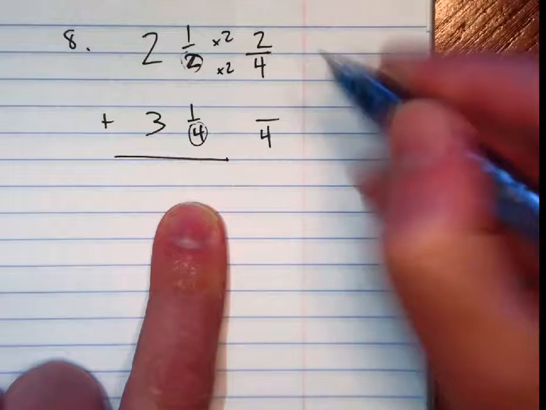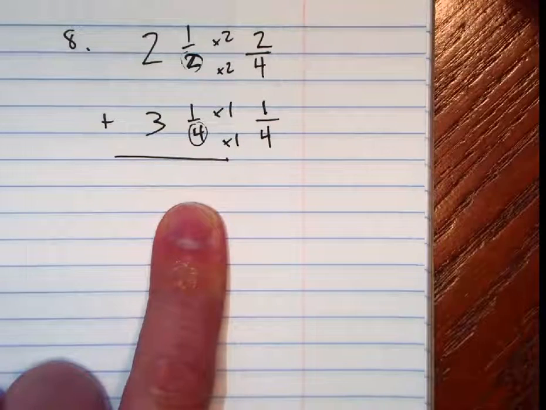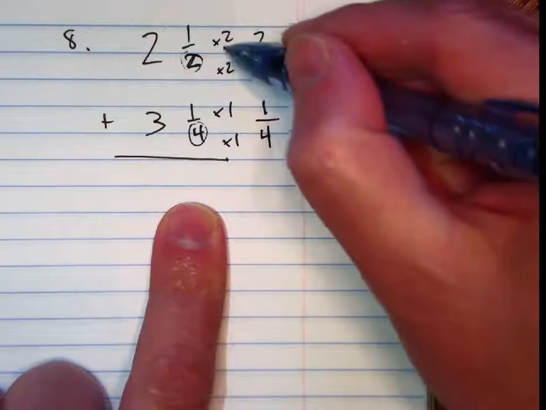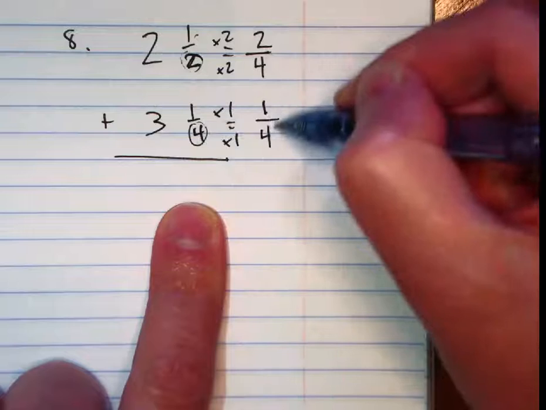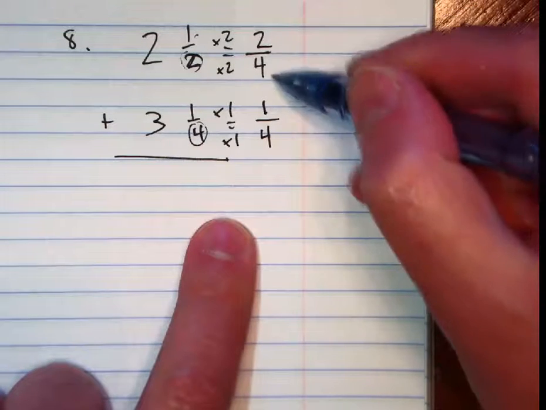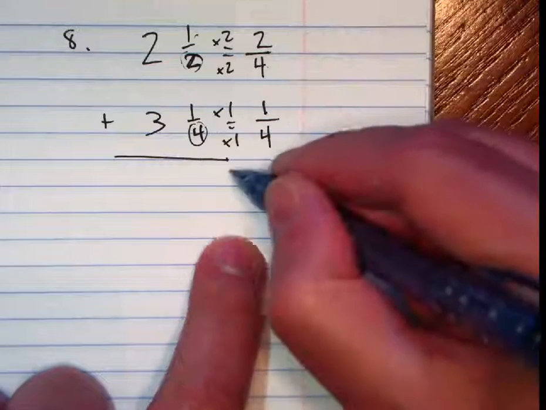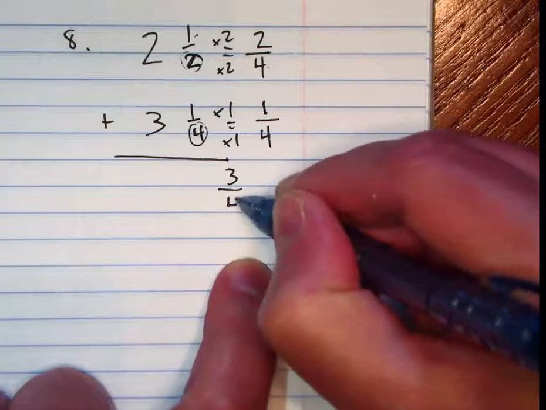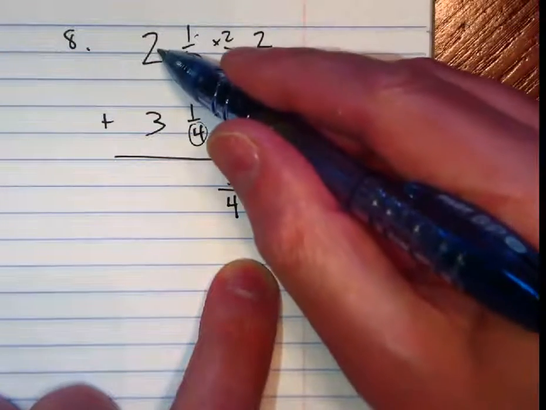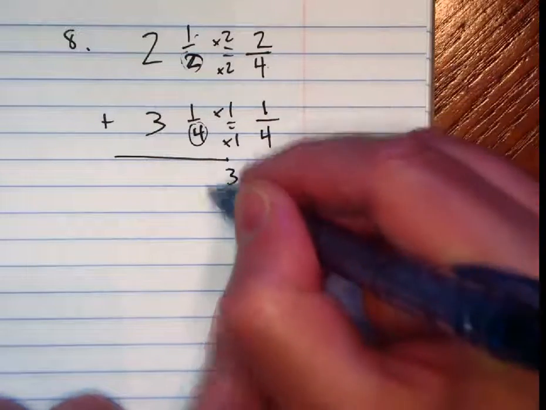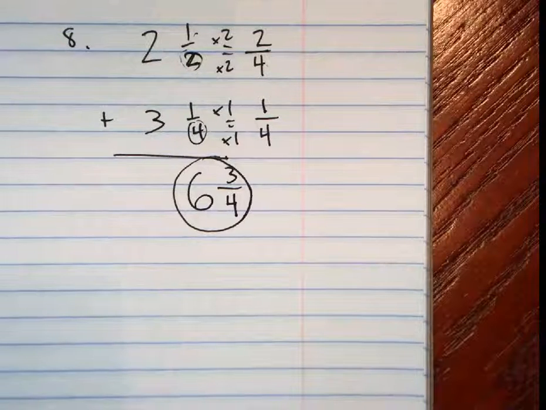I put 4 down here. 4 times 1 is 4. 1 times 1 is 1. And I can put an equal sign in there because 1/2 is equal to 2/4 and 1/4 is equal to 1/4, obviously, because they're the same. Okay, now my denominators are the same, so I can add 2 plus 1 makes 3/4. And then I can do 2 plus 3, and that makes 6. And there's my answer, 6 3/4. That is number 8.